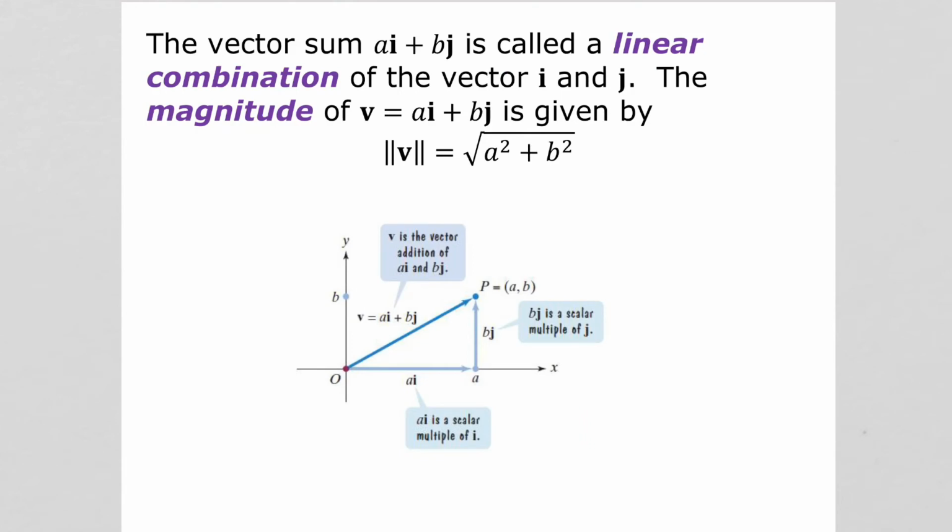The vector sum ai plus bj is also called a linear combination of the vectors i and j, because we're adding the x component and the y component.